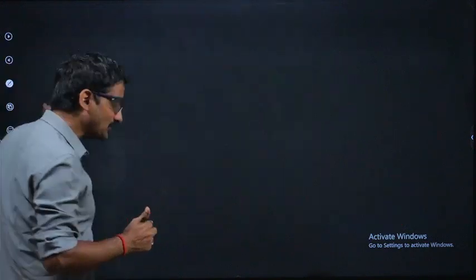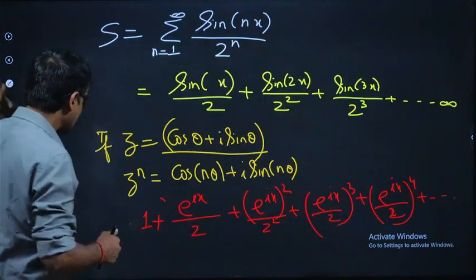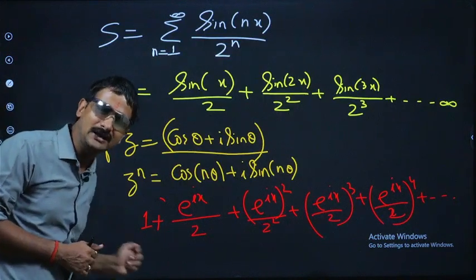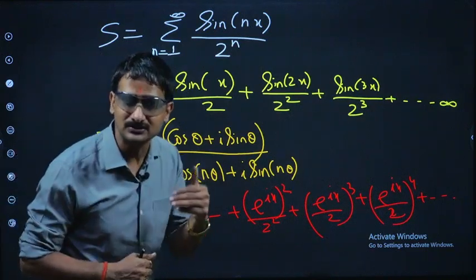Now the sum of any infinite GP is A, the first term, upon 1 minus R. So if I write my infinite GP as this, A is 1, and e raised to the power iota x by 2 is the common ratio.